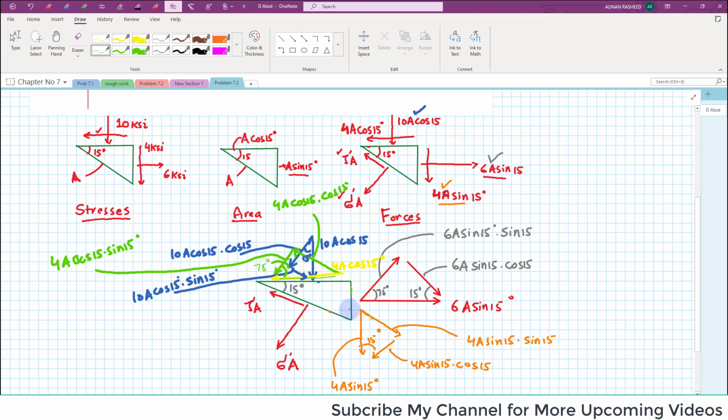So this surface and this surface make an angle of 75 degree. So again this force and this force will make 75 degree, so this will be your 15 degree. So this component will be equal to 4A cos of 15 into cos of 15, and this component will be equal to 4A cos of 15 into sine of 15.